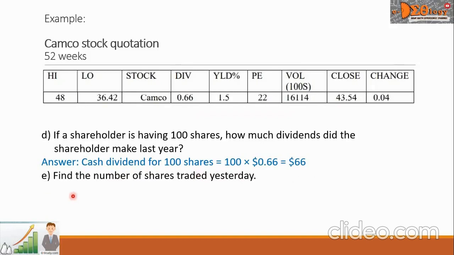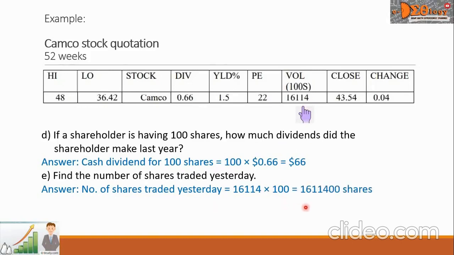Letter E. Find the number of shares traded yesterday. We will look for the column volume and the number of shares traded yesterday. This value here is multiplied by 100.